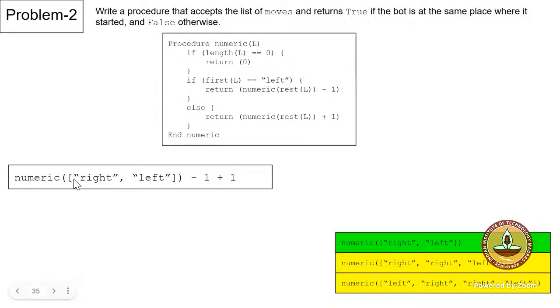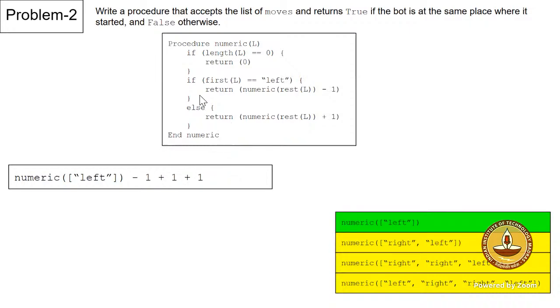So what is our numeric of rest of L? That is the remaining elements after discarding the first element, that is right and left. So numeric of right and left, and -1 plus 1, that will be there from the previous step. In the next iteration, the element is right again, so it will go to this part and execute numeric of rest of L plus 1. What is rest of L?